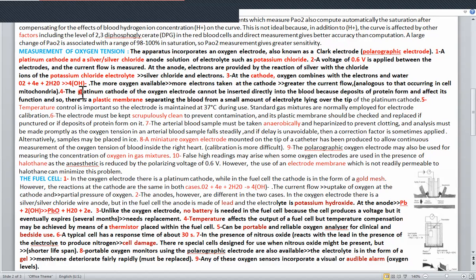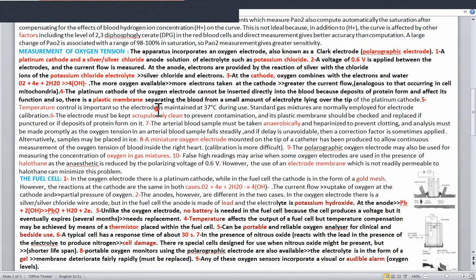Of course, I'm sorry, we have a platinum cathode and a silver chloride anode. Of course, this system must be separated by a membrane, otherwise the protein will be deposited on the electrodes, and we must check the membrane every now and then for tears, as it may affect the measurement.